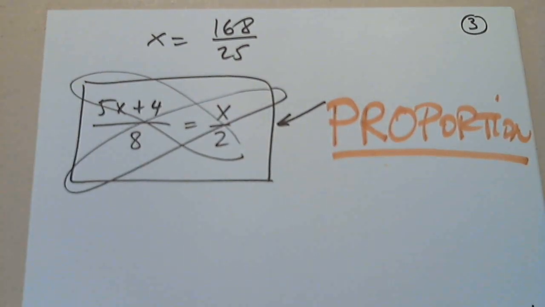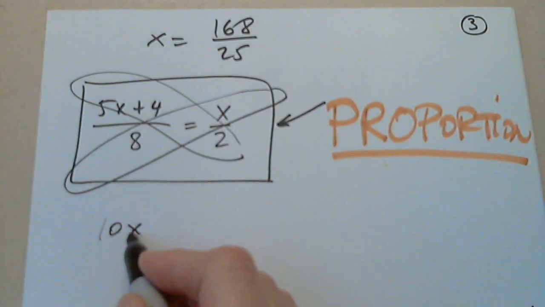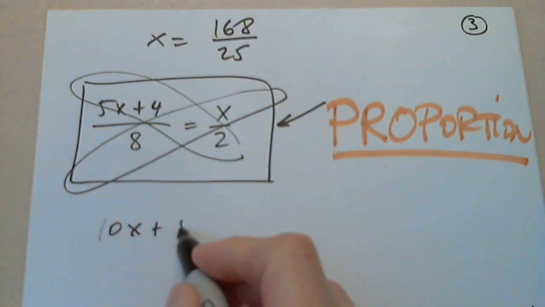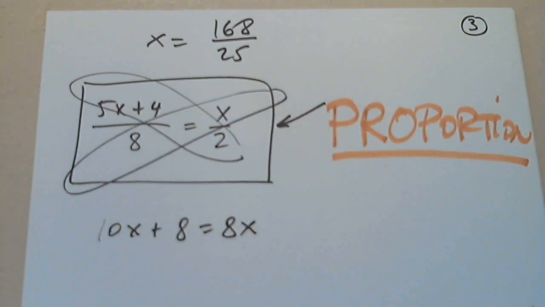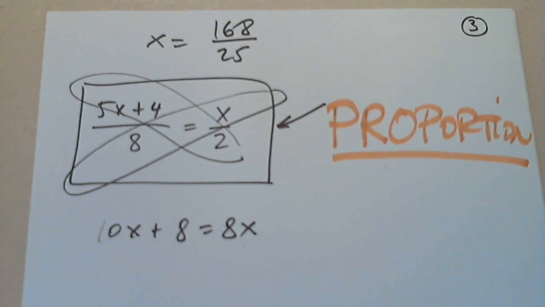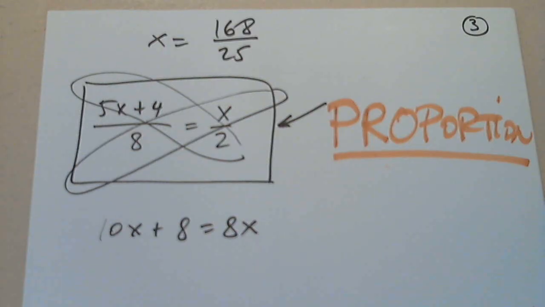This is a proportion. So we cross multiply. 2 times 5x plus 2 times 4 equals 8 times x. And in one very simple, very convenient step, look what happened. From whatever difficult situation into a very simple one.